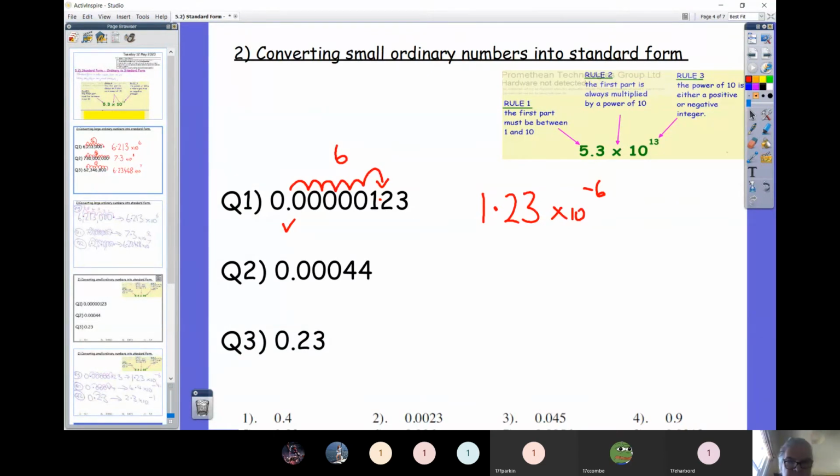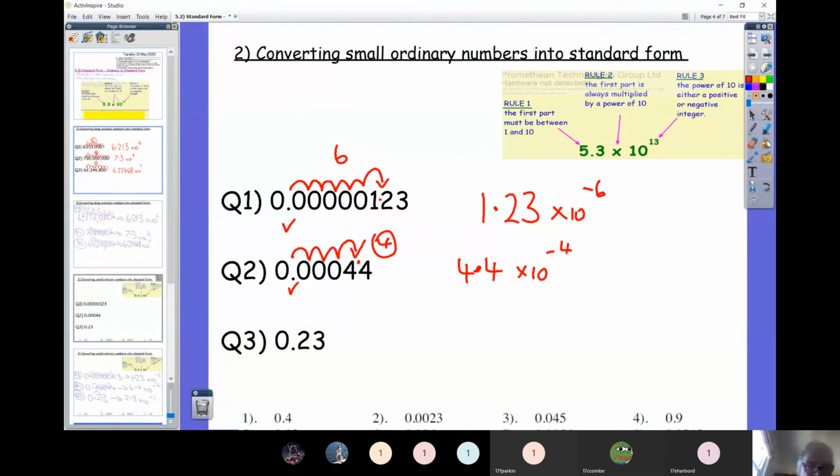Okay, question 2. Step 1, get it between 1 and 10. Well, that's 4.4 times 10 to the power of what? So the decimal point is there to start with. It needs to end up there. So that is 1, 2, 3, 4 hops. Small number, so that's the -4.